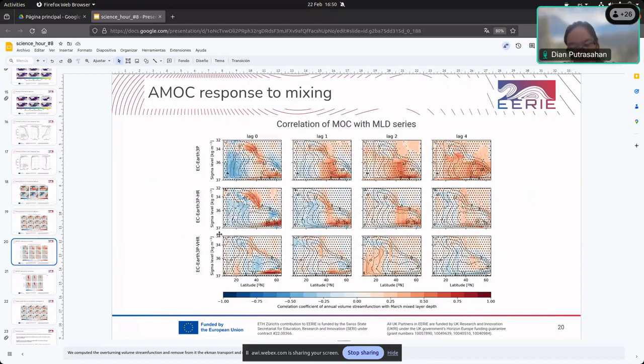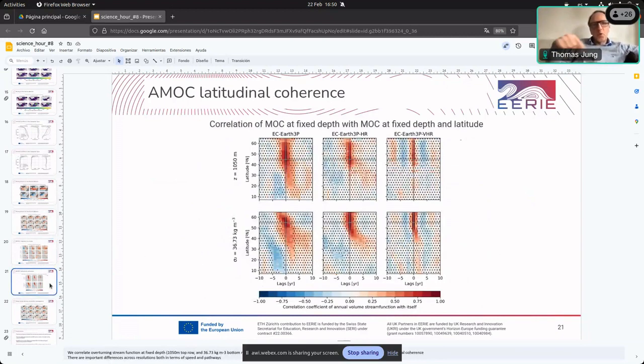I think you showed one plot, which was the AMOC with itself at 1,000 meters, and it almost looked like the low resolution ones produced more low frequency variability than high frequency. The very high resolution one almost shows this quasi-oscillatory behavior, very strong on really interannual time scales, whereas the time scales look longer for what you are capturing for 3P and to some degree HR.